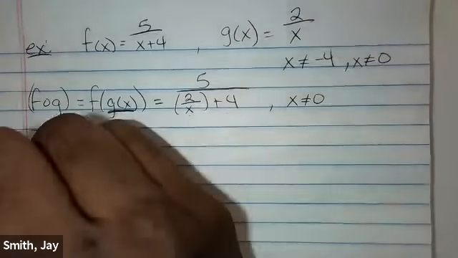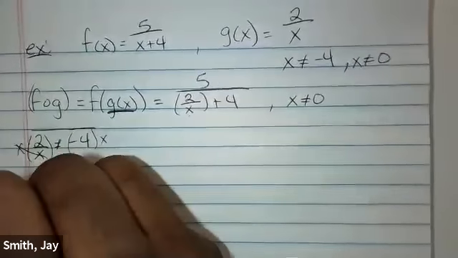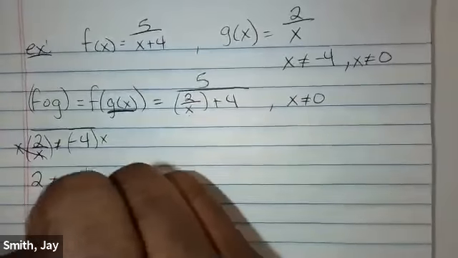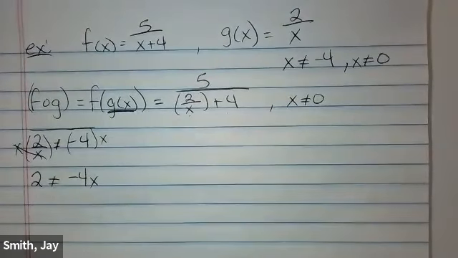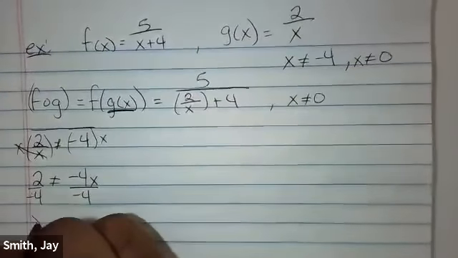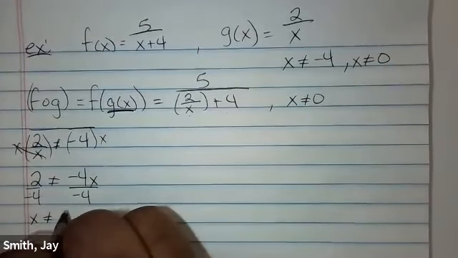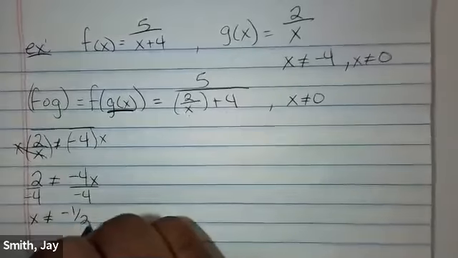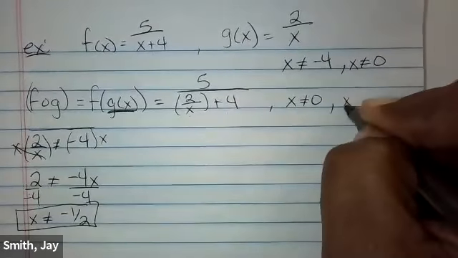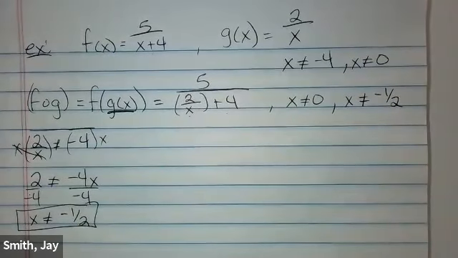So to get that x out of the denominator, multiply both sides by x. This is going to give me 2 is equal to -4x. Let me divide both sides by -4 to get the x by itself. The value that we must exclude is 2 divided by -4, reduced. That's -1/2. But we know we have to exclude 0 and -1/2.